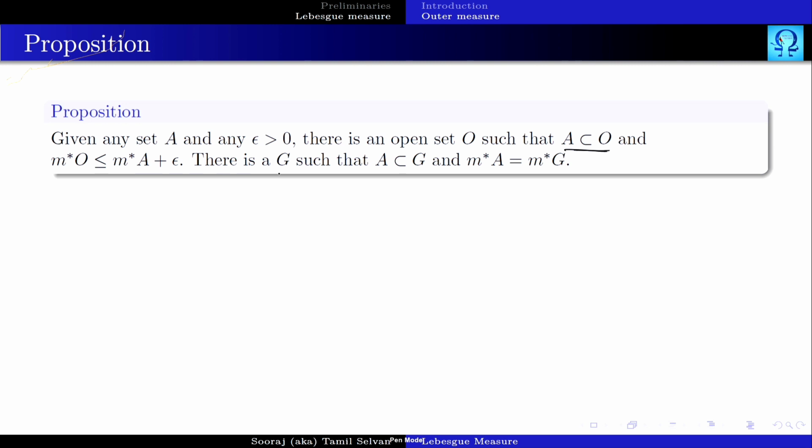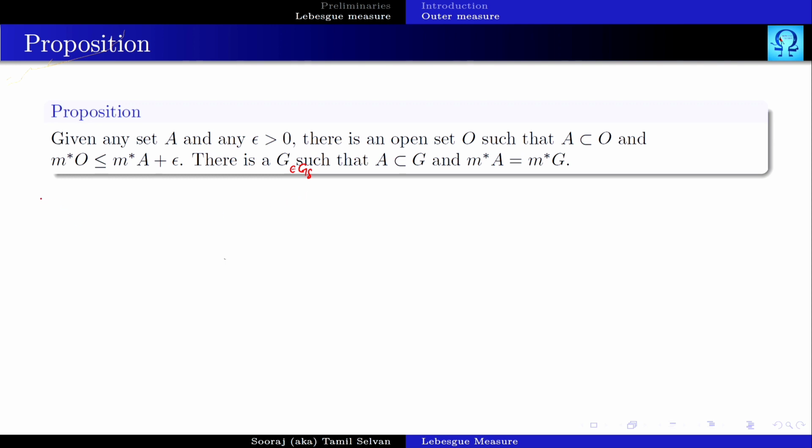You will have to pay clear attention to this. Here we have a set G. This G is a member of G delta. Now you must be very clear with the ideology of what that set G delta is.